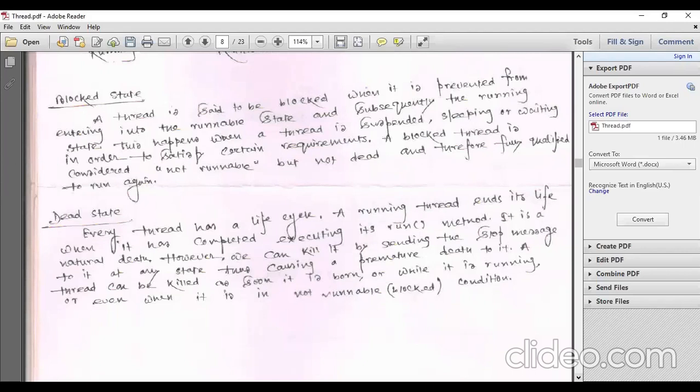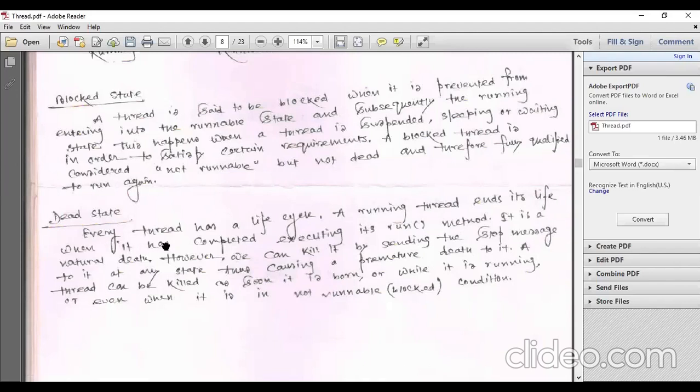So how can they move? If you want to do it explicitly, rather forcefully, you have to call the stop method on it. And the normal death of a thread is when the thread gets executed fully. When the execution is complete, automatically the thread moves from running state to dead state, right?